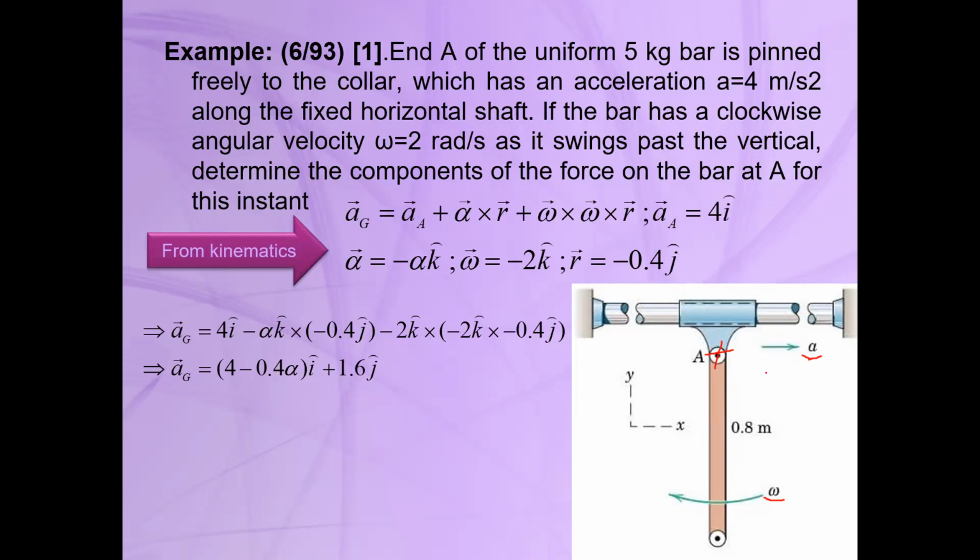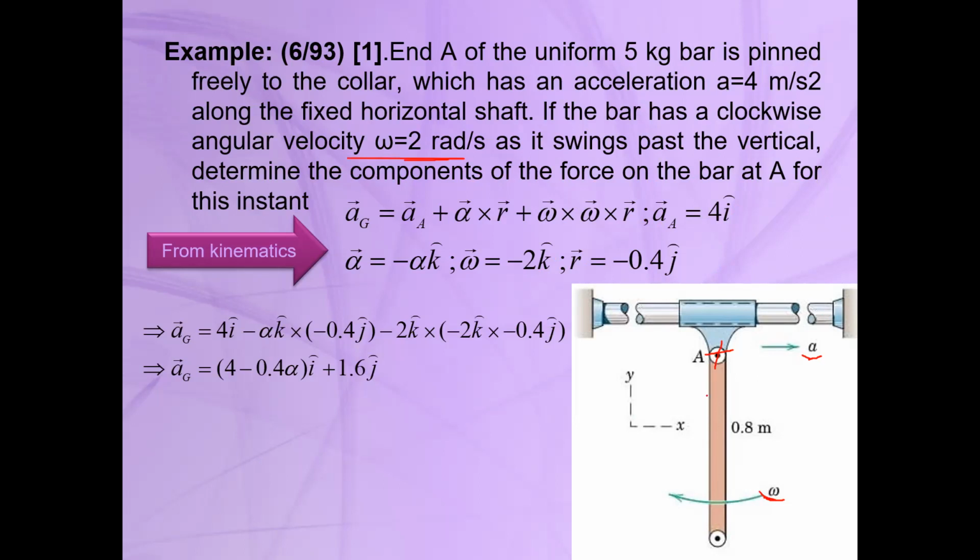At the same time, this bar is rotating about pin A with angular velocity omega, which is 2 radian per second. So we know how much is this. And we want to obtain the reaction force at this pin A when the bar passing the vertical position as shown here, you can see.